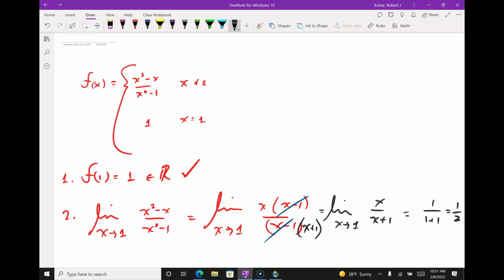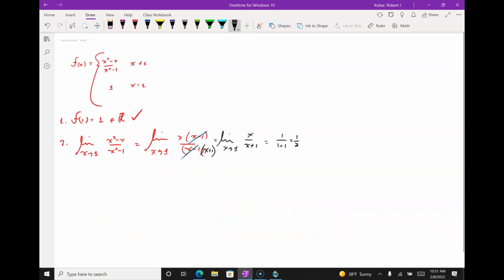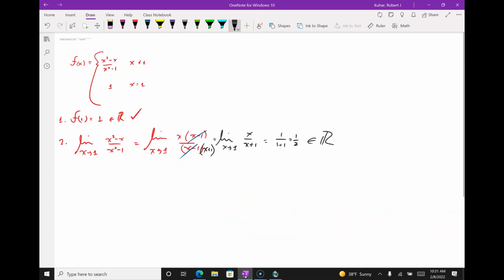Is that a real number? Okay, so it didn't fail on step 1 or 2 yet, right? But in step 3, 1 does not equal 1/2, so not continuous. Pretty simple, right?